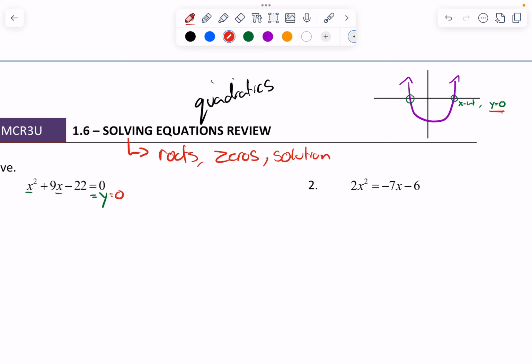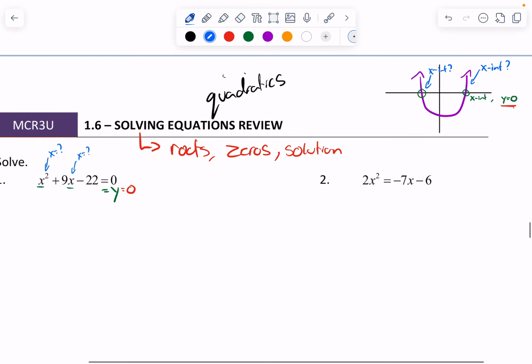It's already done for us in this problem, but essentially the only unknowns are these x values. We don't know them, and that's what we're solving for. I want to know, what are these x values?